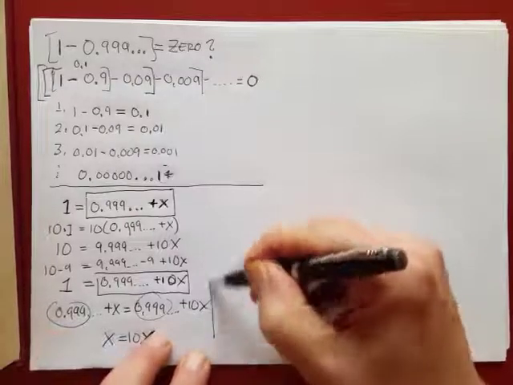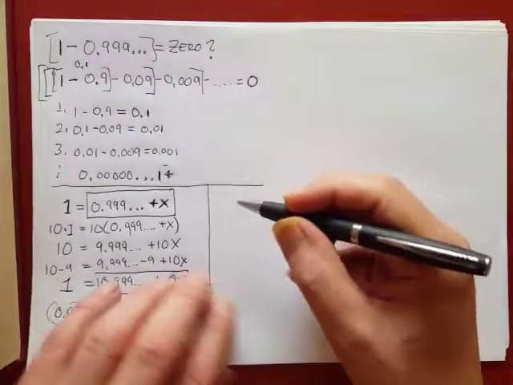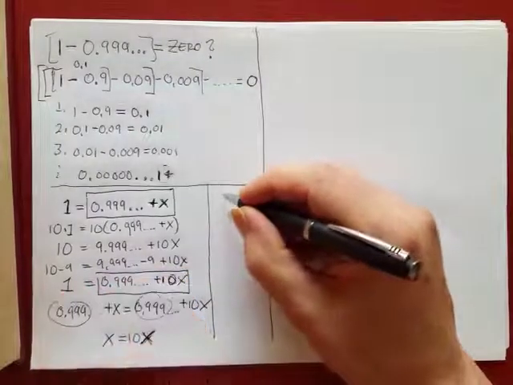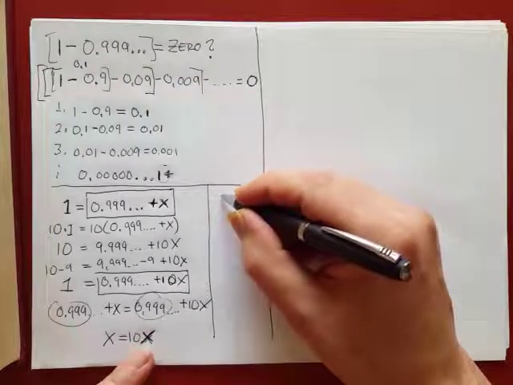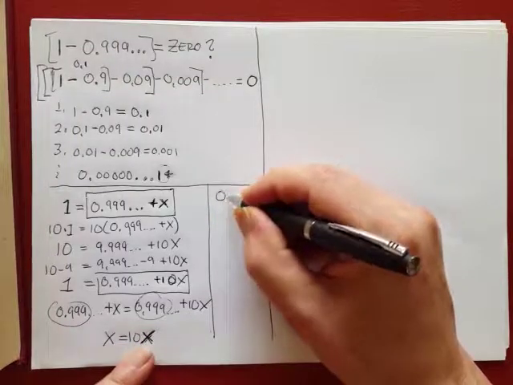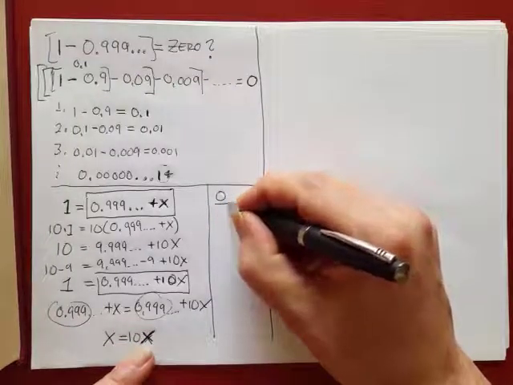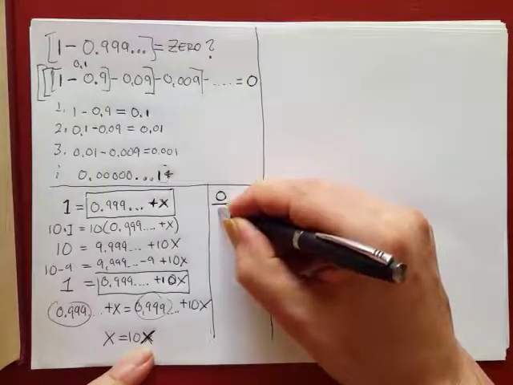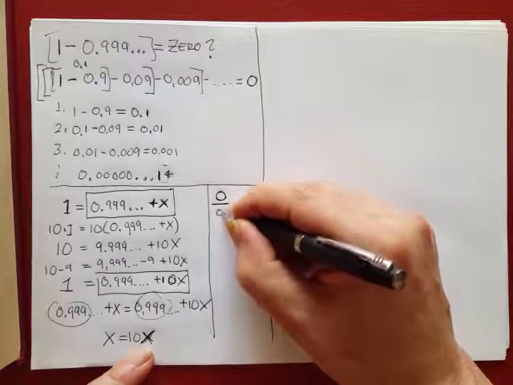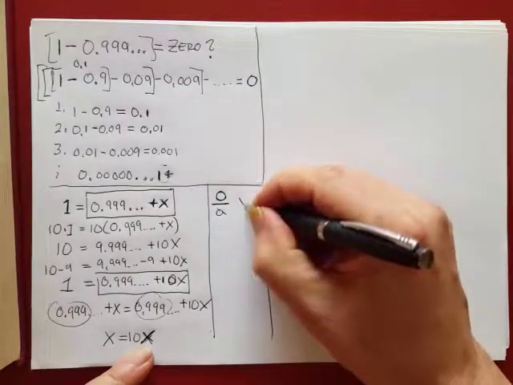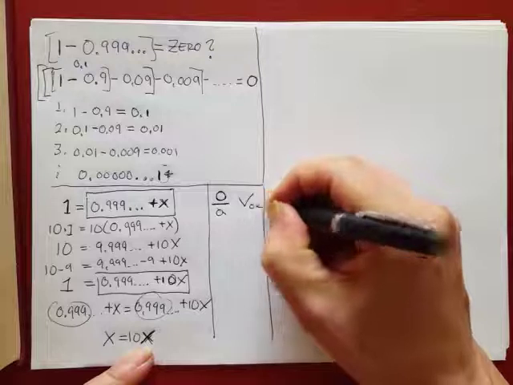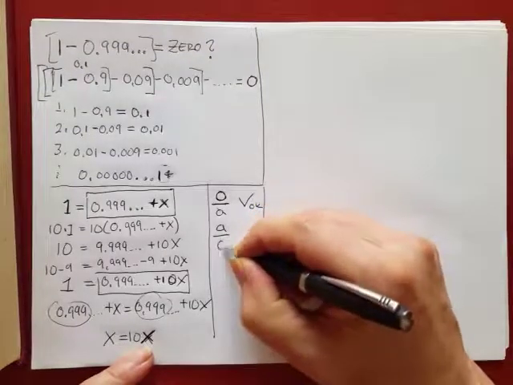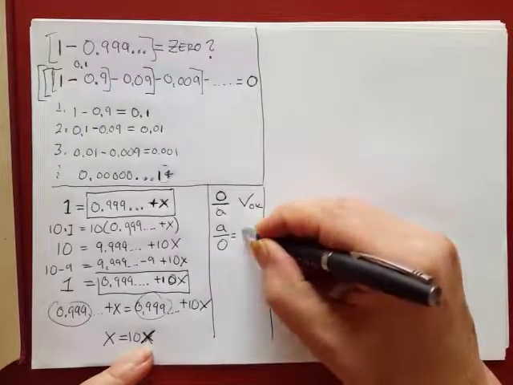Well, in math, we are allowed to take 0 and divide it by any number a. This is allowed. This is okay. But we can't take any number and divide it by 0, because this is undefined.